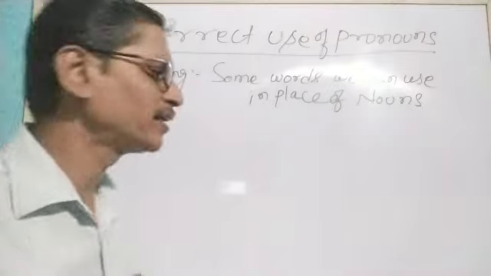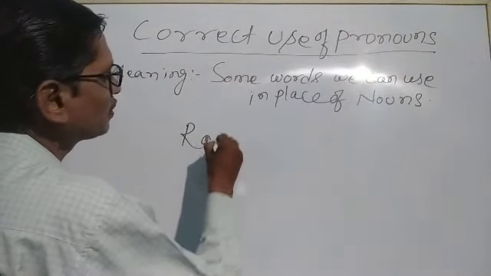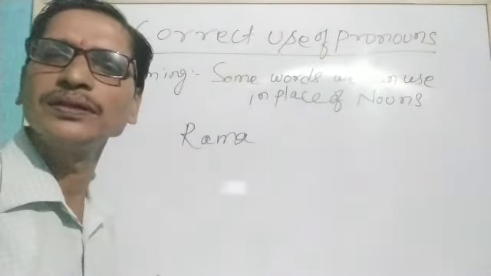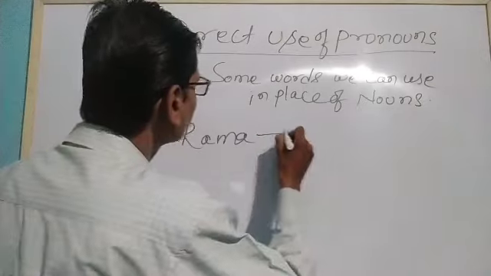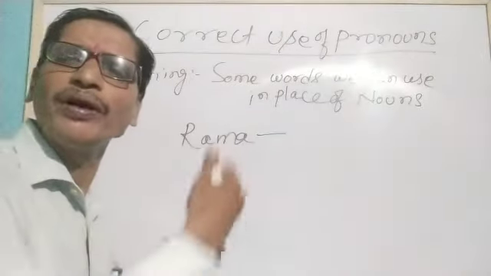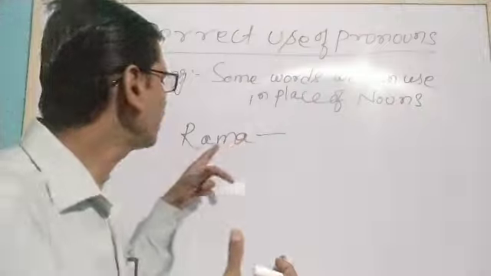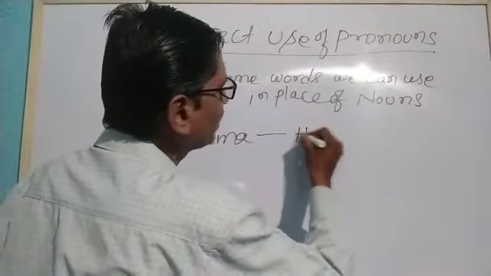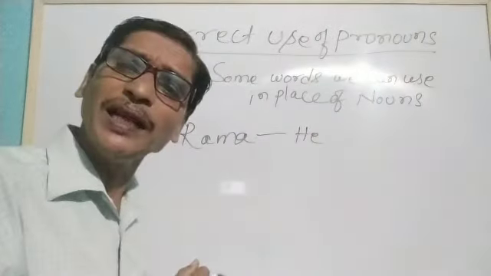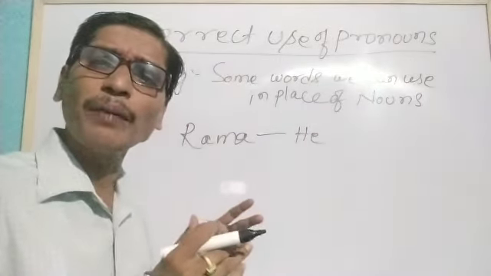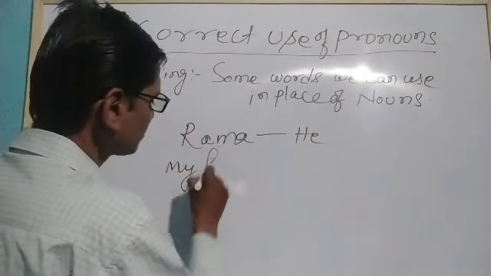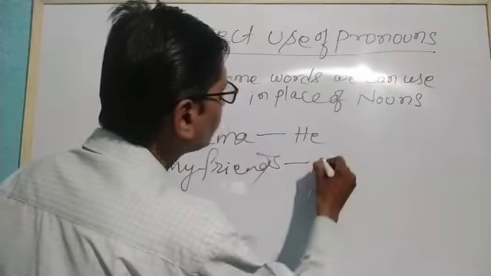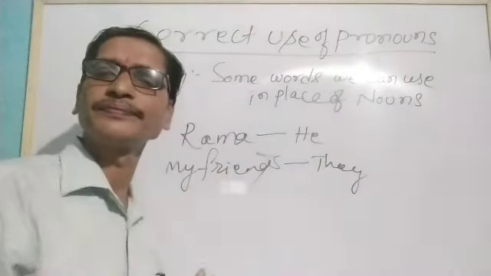For example, suppose we talk about Ramu. Ramu is a person, a singular person. Instead of using Ramu again and again in our text, we can replace this noun with a pronoun, that can be he. Similarly, when we want to talk about my friends, who are persons, for them we can use they.